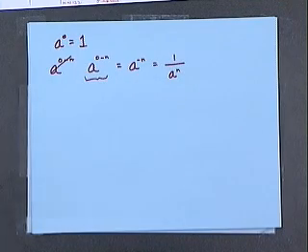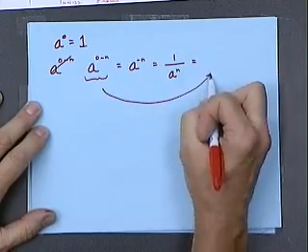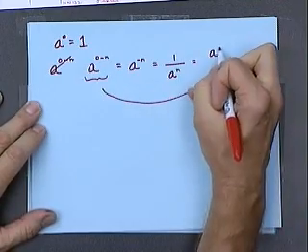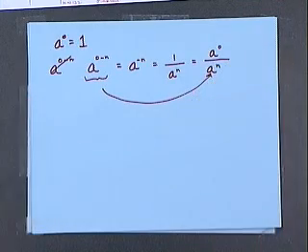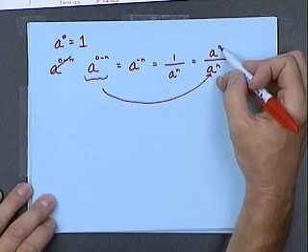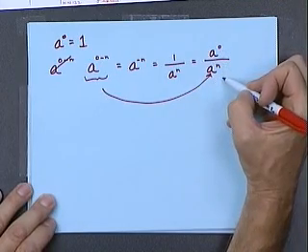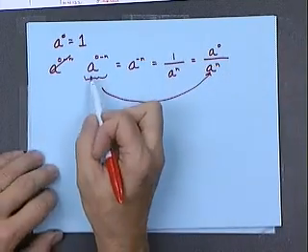If we have subtraction in the exponent position, isn't that the same thing as a to the 0 divided by a to the n? Is that correct? Yes. If you had this, that's 0 minus n, right? Which would put us back here. So I'm kind of using that property in reverse.